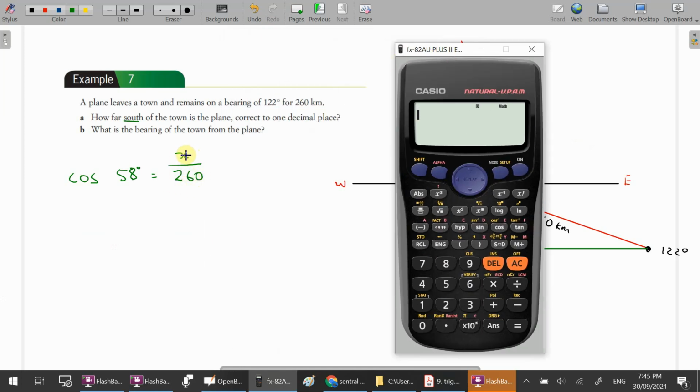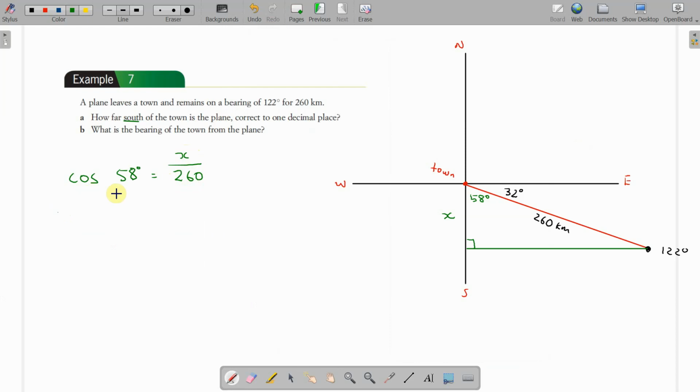Unknowns in the numerator, so we multiply both sides by 260 to get rid of the fraction.